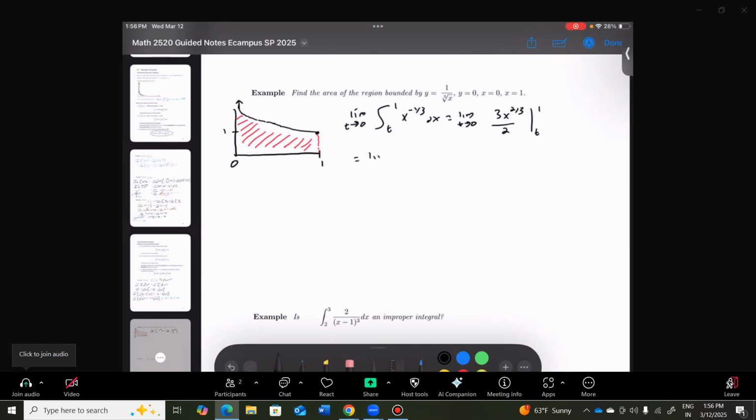This will be the limit as t goes to 0 of 3/2 minus 3t to the 2/3 over 2. Now we apply the limit: when t goes to 0, that goes to 0. So this whole thing goes to 3/2.